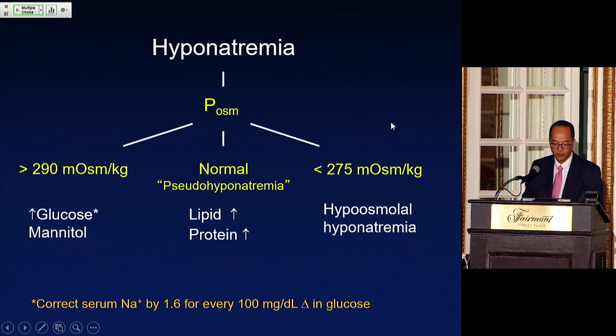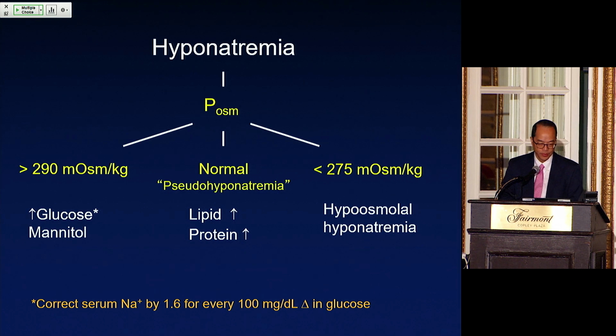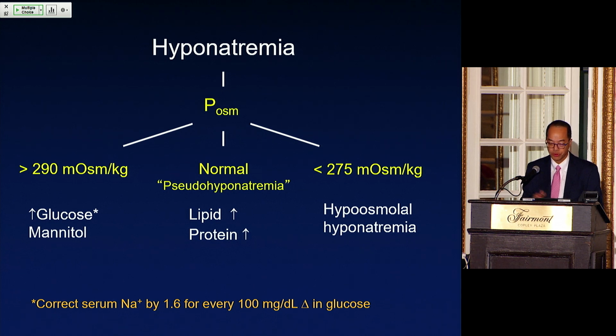So when I see a patient with hyponatremia, the first thing I want to ask is, is it truly hypoosmolar hyponatremia? Meaning that the plasma osmolality is less than 275, and it was in this case.